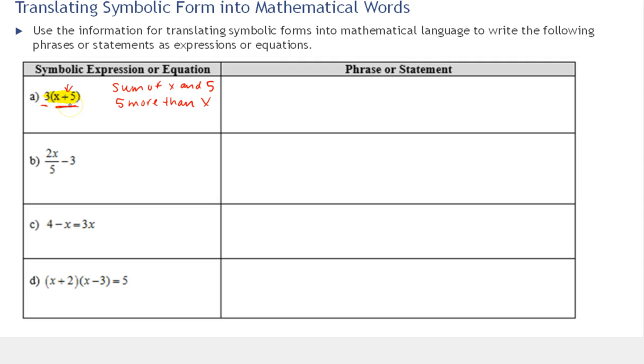Since the sum is in parentheses, that's our second factor. So this is going to be the product of. Now we're going to write the terms of our product just like we did in the reverse order. 3. Now I'm going to write the word and to show the second factor I'm multiplying by, and that's going to be 5 more than x.